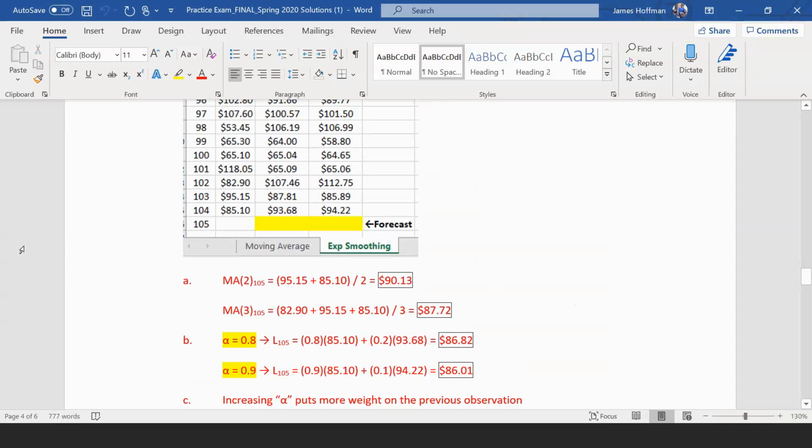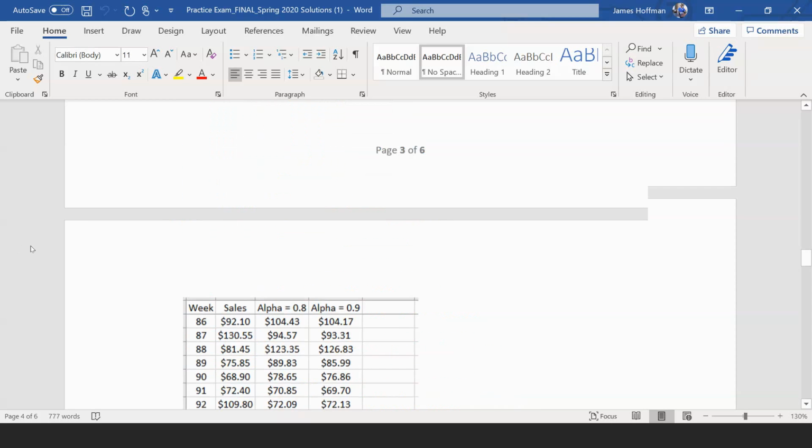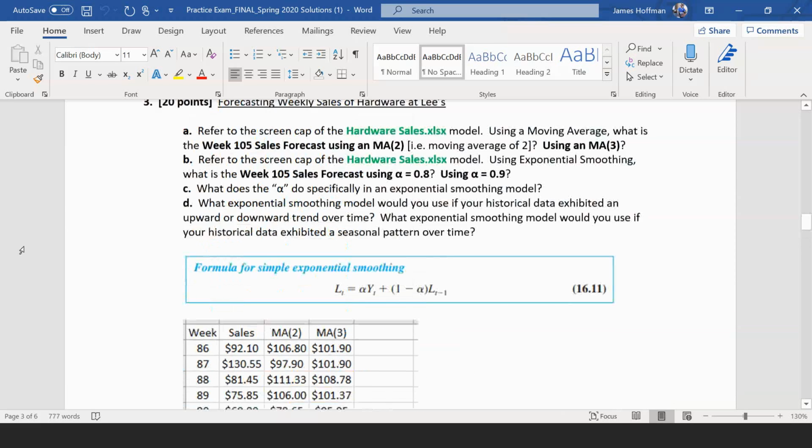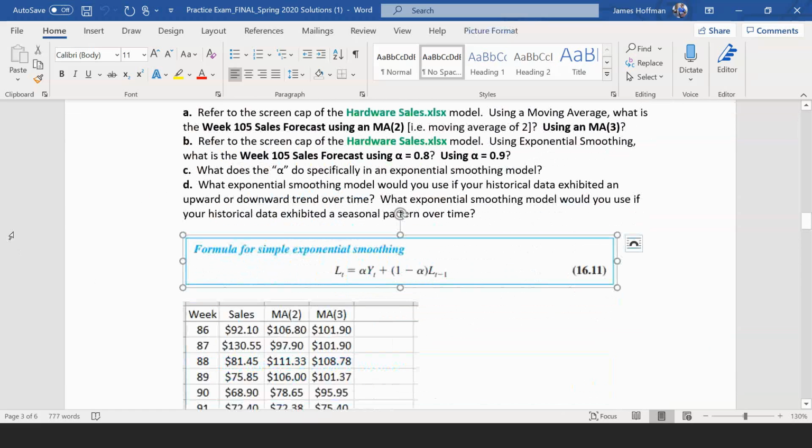All right, let's start with alpha equals 0.8. I just took this from the general formula. So L_T, T is the time, so L105 is the week 105 forecast.